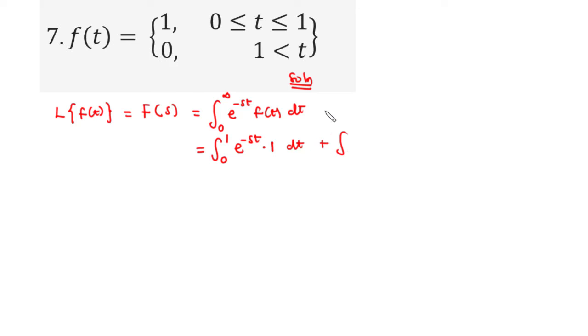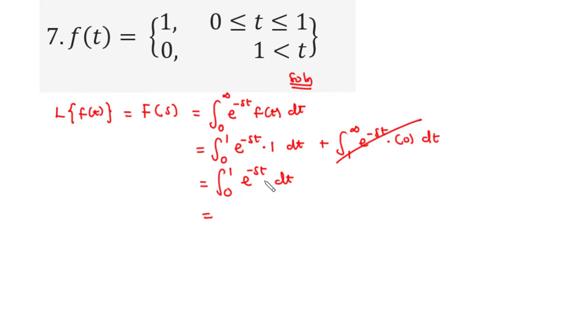plus the integral from 1 to positive infinity of e to the power negative st times 0 dt. Because we have 0 multiplying this, it means we are going to obtain a constant at the end, and we don't need that, so we just cancel this out, and then we are left with the integral from 0 to 1 of e to the power negative st dt.